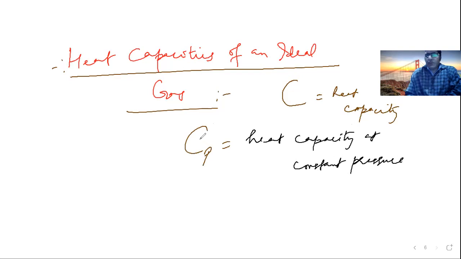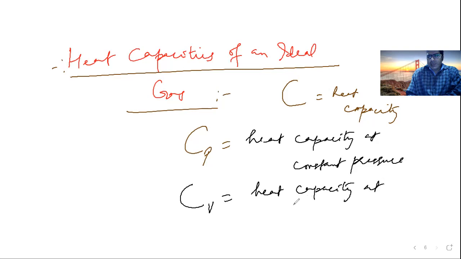That means when you are putting heat into the system, keeping its pressure constant. Then we have C subscript V, which is heat capacity at constant volume. That is, when we are putting heat into a system, keeping its volume constant. So remember it, right?